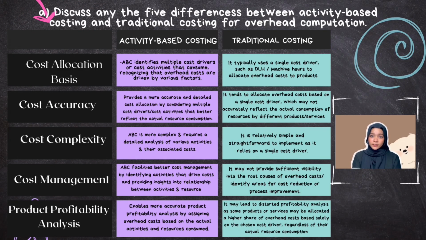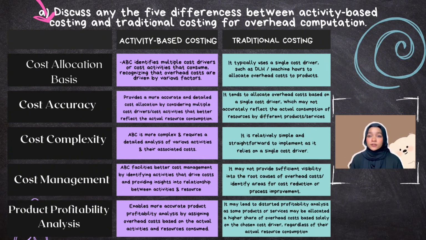For the first question, I will explain the differences between activity-based costing and traditional costing for overhead computation. First, cost allocation basis. For activity-based costing, it can identify multiple cost drivers or cost activities that consume, recognizing that overhead costs are driven by various factors such as setups, inspection, or consumer orders.